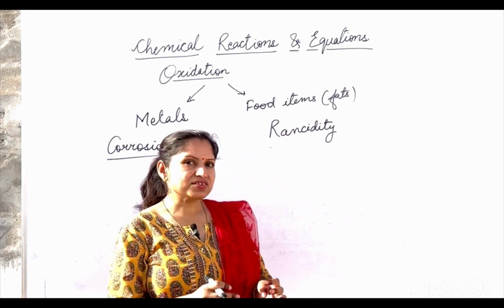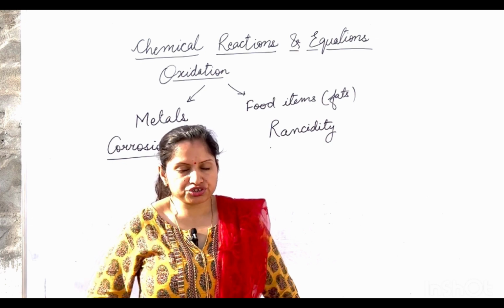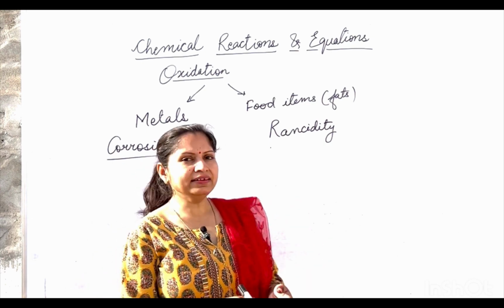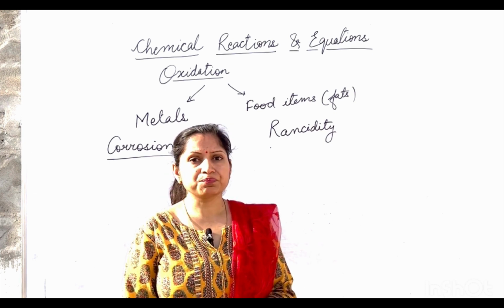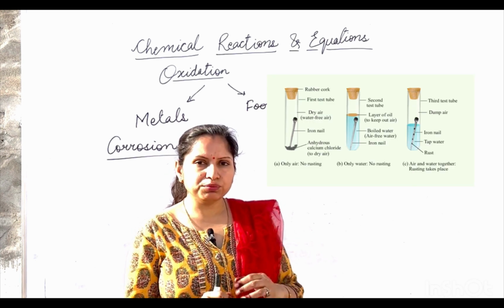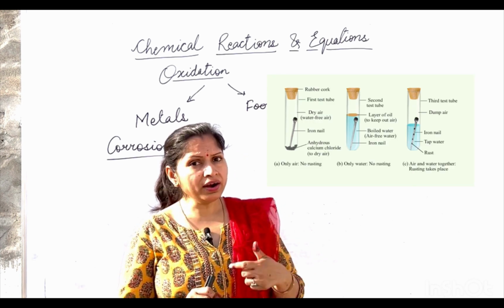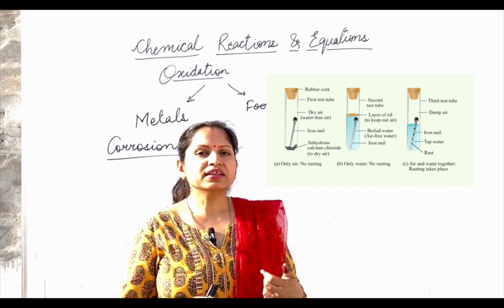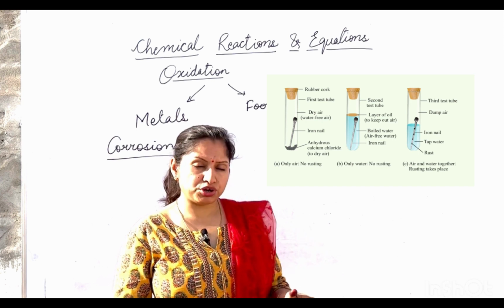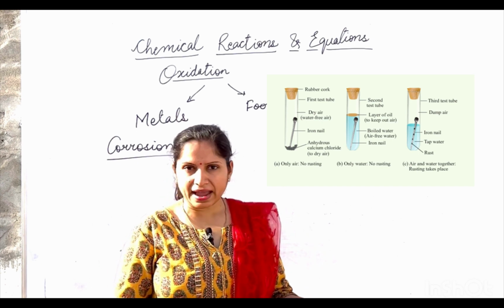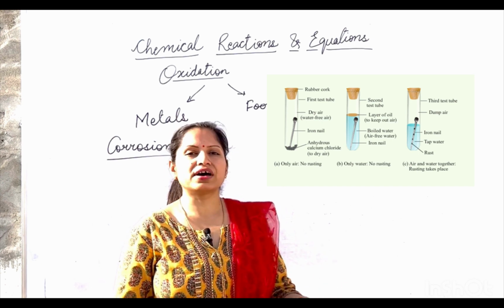Rusting is one form of corrosion in which iron is combining with oxygen and moisture present in the atmosphere. Do you know that if we remove oxygen or moisture, either of the two, then there will be no rusting. So if you just prevent the contact of moisture with iron, then there will be no rusting.